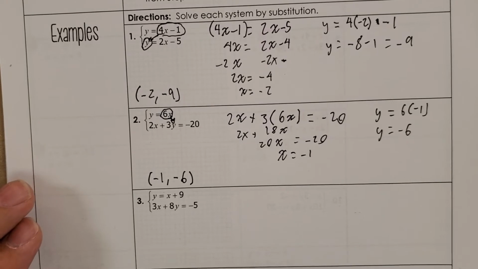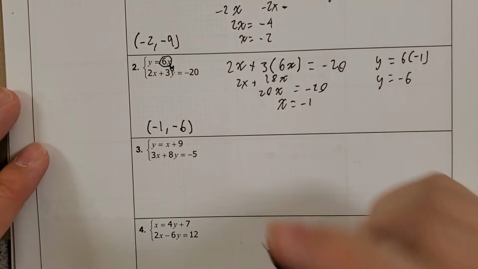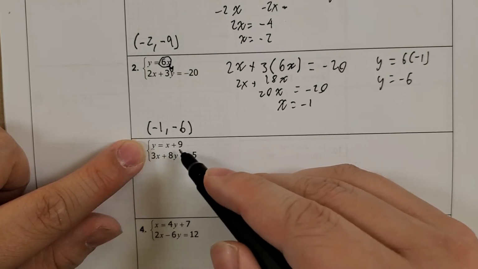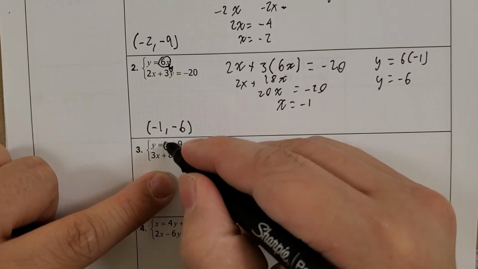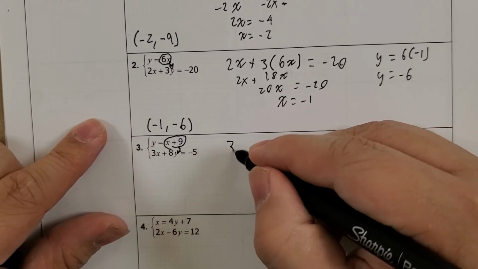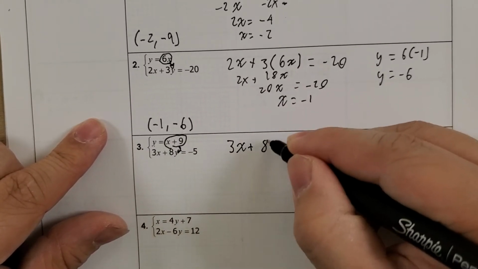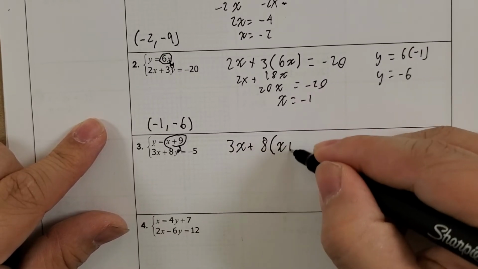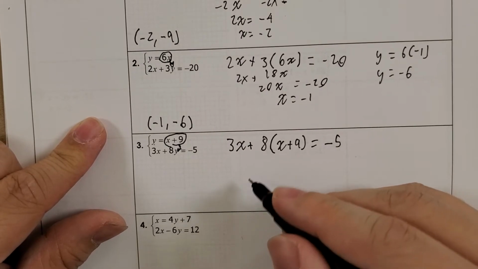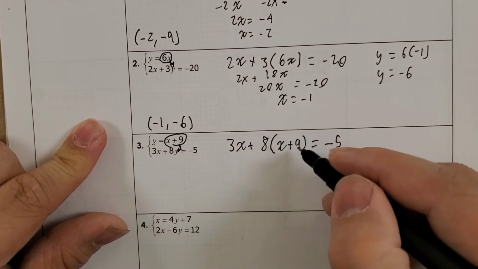Let's have a look at one more, just to make sure. Again, this one's already in the form y equals x plus 9, so we've already solved for y. I'm going to take this whole thing and put it in here. And this is kind of what I was talking about. So watch. We go 3x plus 8 bracket x plus 9 equals negative 5. Then this 8 is going to distribute to both pieces.